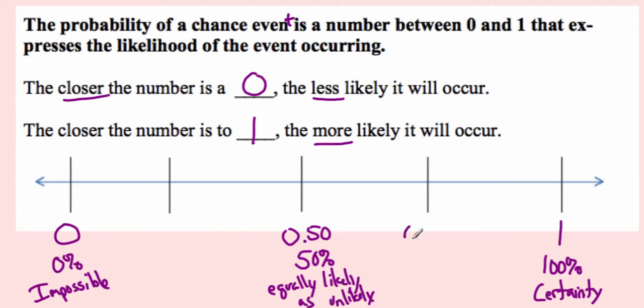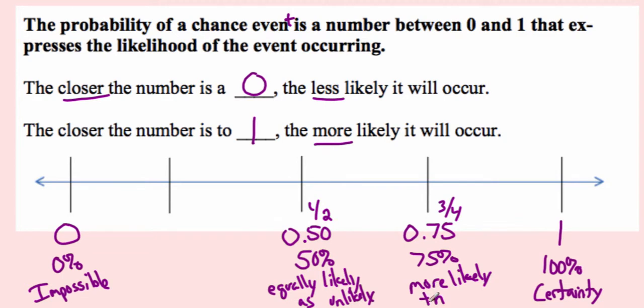On the positive side, we have 0.75 or 3/4, which would be a 75% chance. That means it's more likely than not.